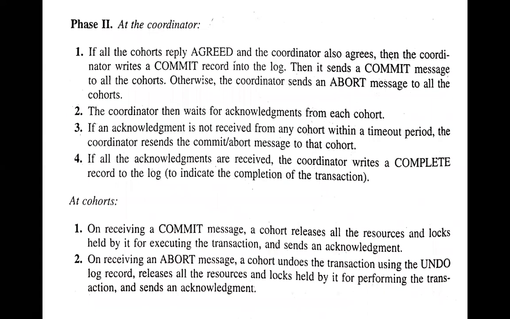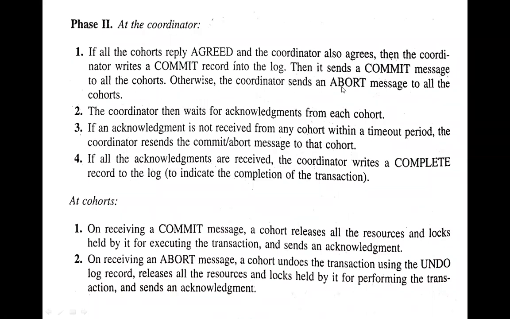Now phase number 2. In phase number 2, what happens at the coordinator site? There is a possibility that there may be many cohorts. So if all the cohorts reply with an agreed message to the coordinator, and the coordinator also agrees to make the transaction successful, then the coordinator writes a commit record into the log, stores it into the stable storage, and then sends a commit message to all the cohorts.